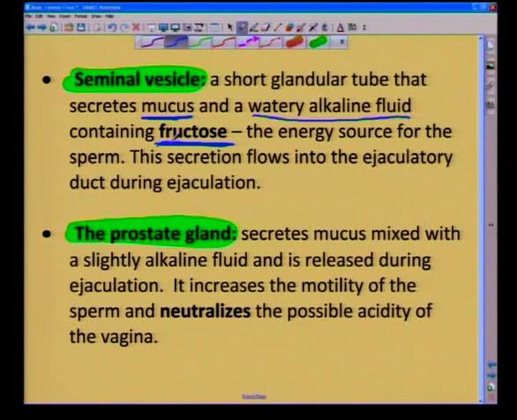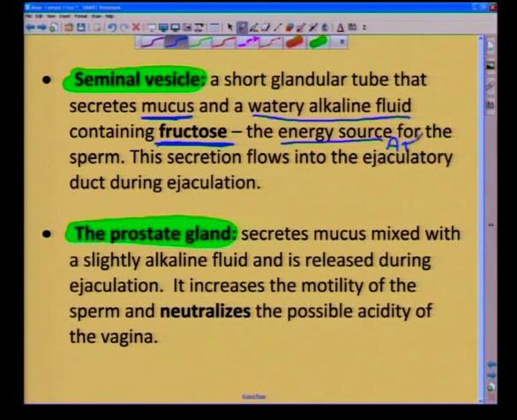So what happens is the mitochondria will convert it, in the sperm cells, because they've got lots of mitochondria. Why? Those little sperms have to move, and in order to move, they must have energy, which is in the form of ATP, adenosine triphosphate. All right, so this fructose is so that the mitochondria in the sperm cells can convert it into energy.